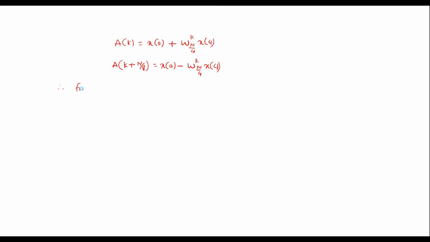So therefore for k equal to 0 we can write A of 0 is equal to x of 0 plus w2 power 0 x of 4. Similarly substituting k equal to 0 in this equation, we'll get A of 1 is equal to x of 0 minus w2 power 0 x of 4.